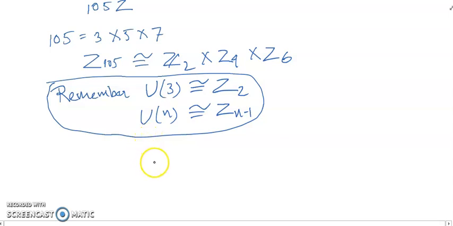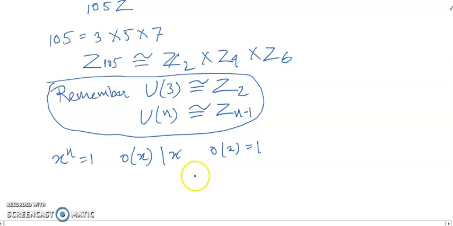And now we know that if x to the power n equals 1, then the order of x divides n. Here the order of x is 1, and so 1 divides 2.